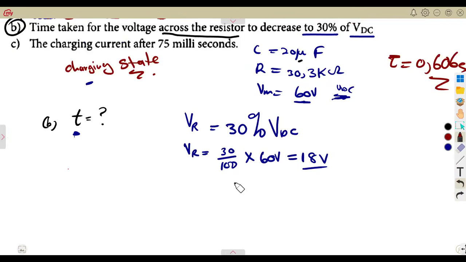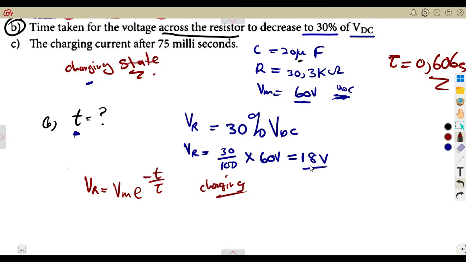So let's have our formula for VR. From that, our charging state, VR is equal to Vm e to the exponent of minus t over tau. Remember, that's charging. So let's substitute.